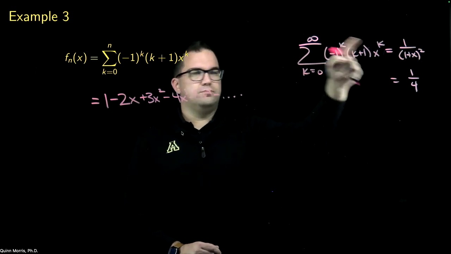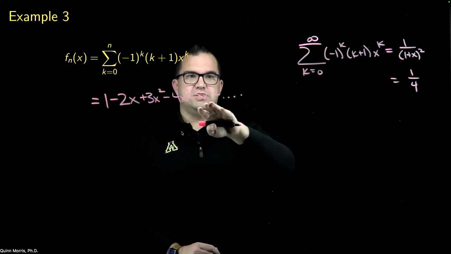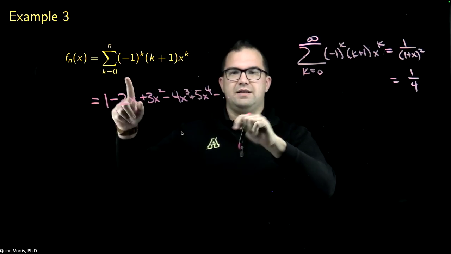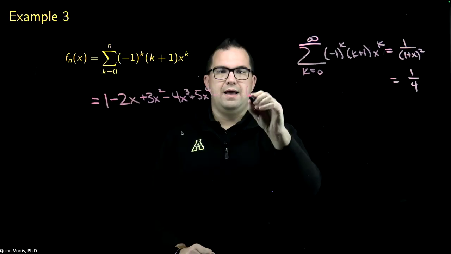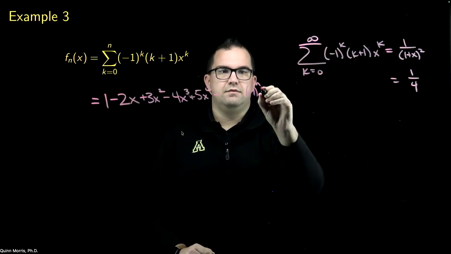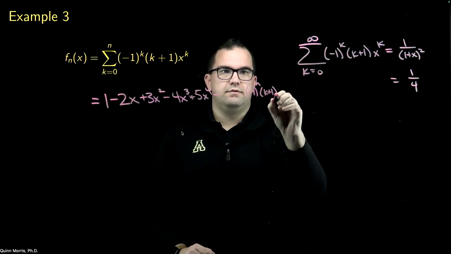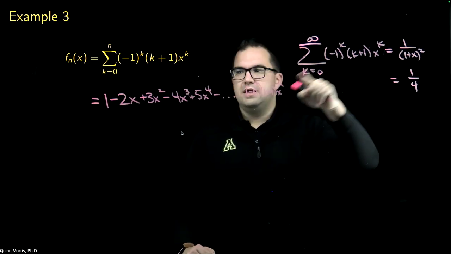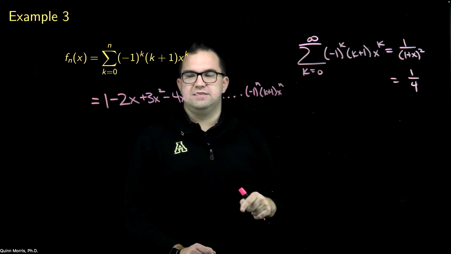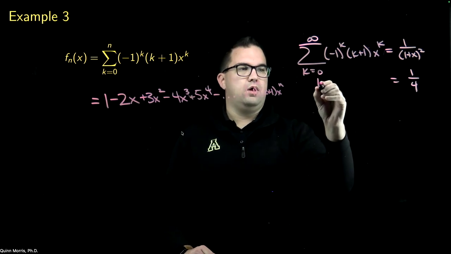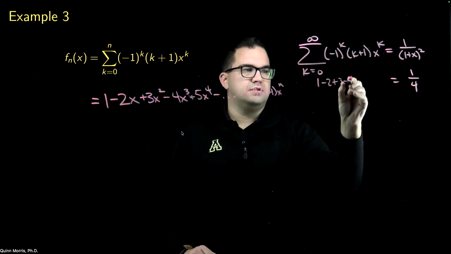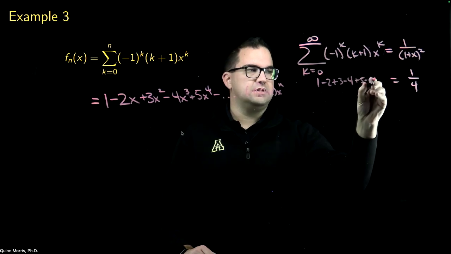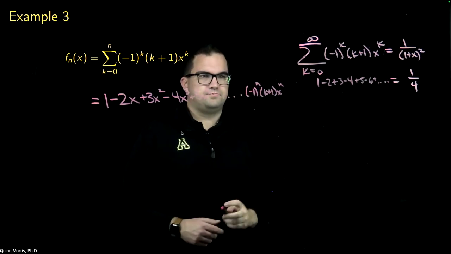And if you look at the terms of this, which I've pretty much expanded out here, obviously this finite sum would stop at (-1)^n (n+1) x^n. But if we keep going and going, we get this infinite sum. And if you write out what happens when you plug in x equal to 1 here, you get 1 minus 2 plus 3 minus 4 plus 5 minus 6, and so on and so on.